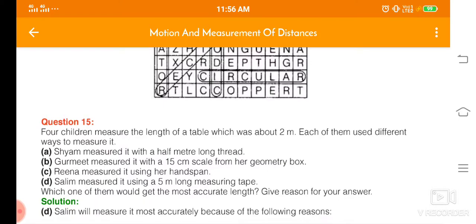B. Gurmeet measured it with a 15 centimeter scale from her geometric box. C. Renia measured it using her hand span. D. Salim measured it using a 5 meter long measuring tape. Which one of them would get the most accurate length? Give reason for your answer.